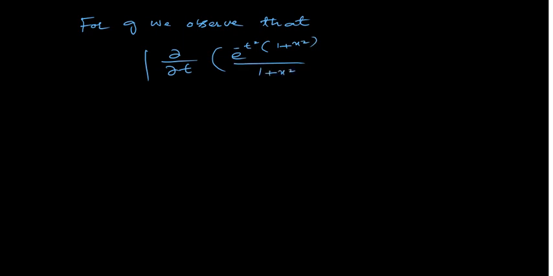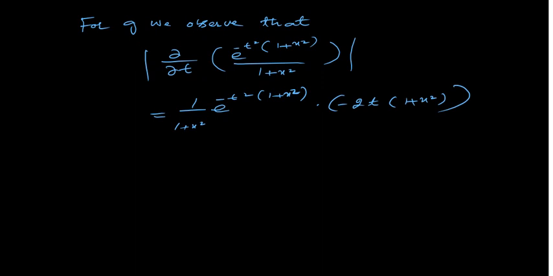You are differentiating this function with respect to t. Is that clear? So you are treating x as a constant. What is the differentiation for t square? It's e power minus t square times (1 plus x square), and the constant 1 over 1 plus x square will come out. Then you take the differentiation of the inner function, which is minus t square times (1 plus x square), that is minus t times (1 plus x square), and you will see 1 plus x square and 1 plus x square cancel.